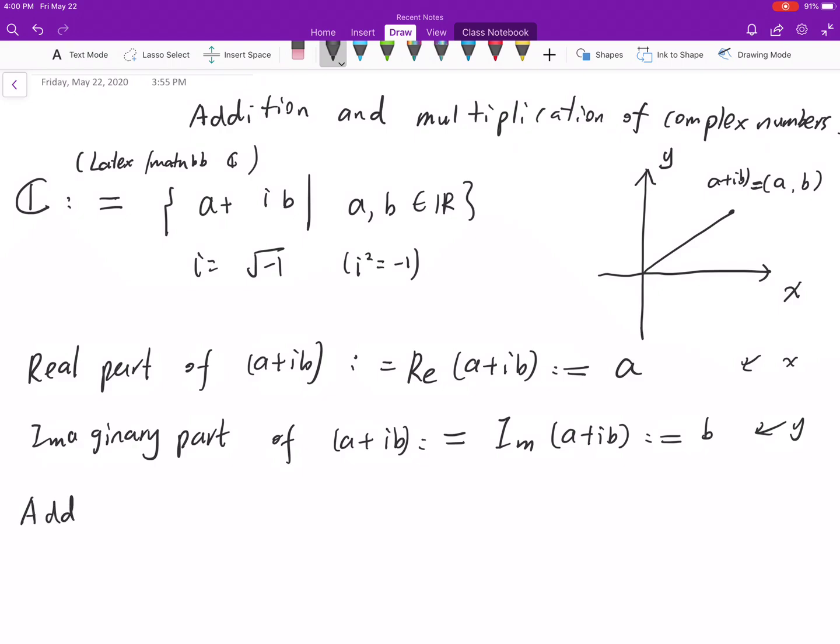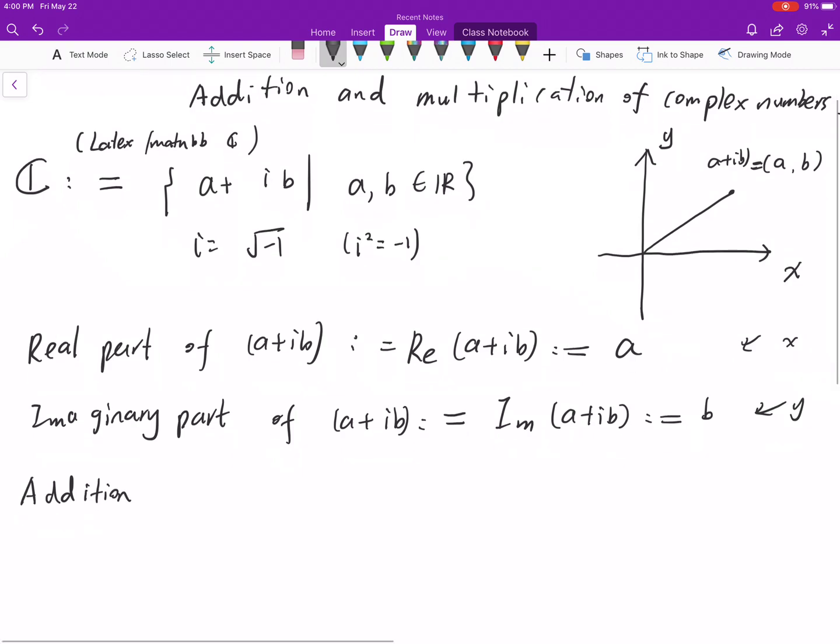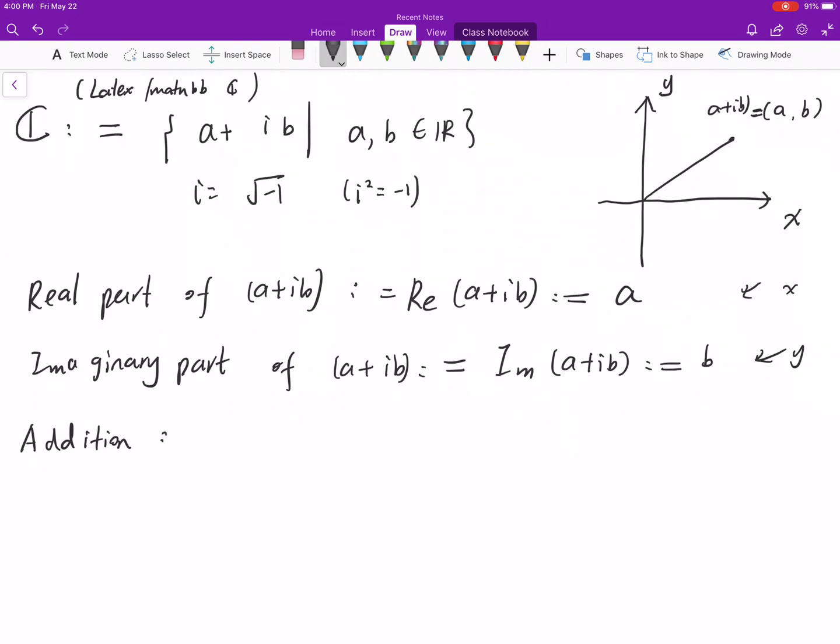Of course, R2 has some Euclidean structure, that is addition. So a plus ib plus c plus id, you can define to be a plus c plus i(b plus d). This is the same as addition for vectors.